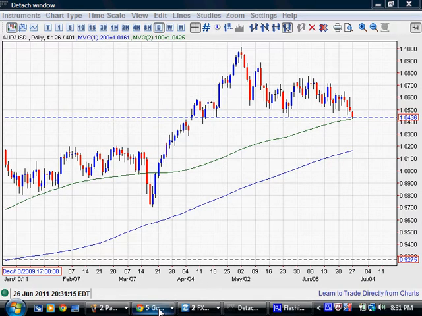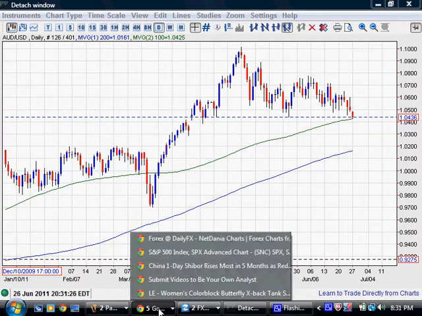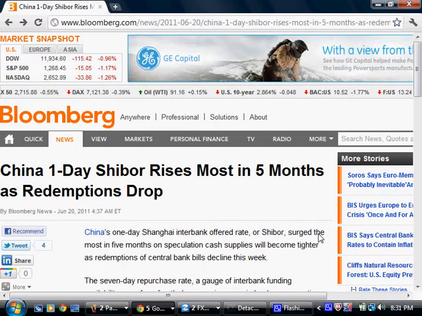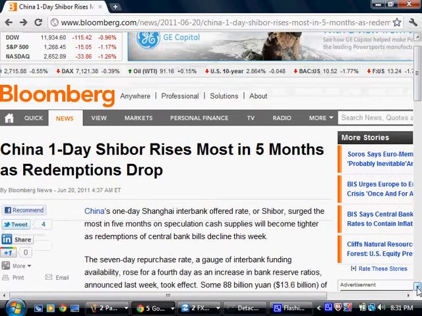But what's perhaps just as important for the Asian currencies is what's going on not only with the European bond yields spiking, but also with the Chinese equivalent of LIBOR, the Shanghai interbank overnight rate, SHIBOR, spiking up to the biggest rise in 5 months.